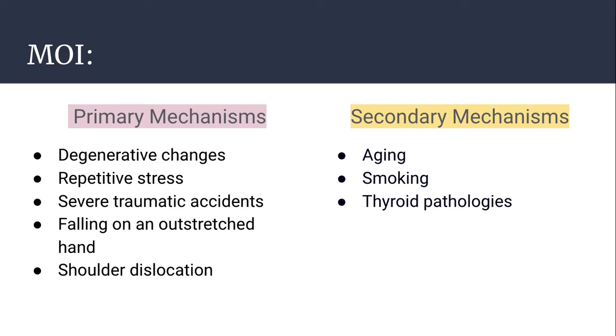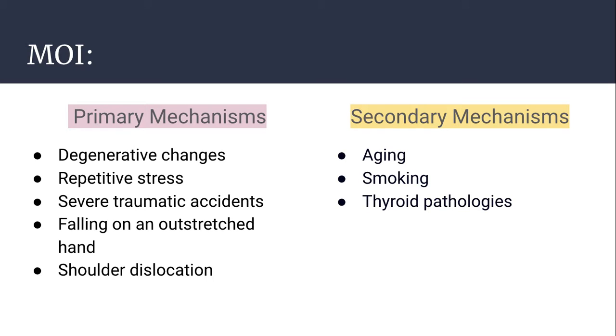For the mechanisms of injury, normally this injury is due to either degenerative changes or injury, basically. So the muscle will deteriorate or show degenerative changes with repetitive stress.